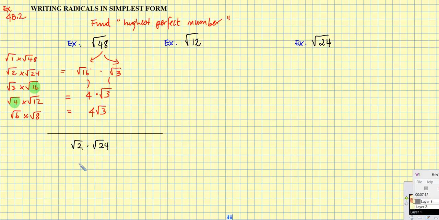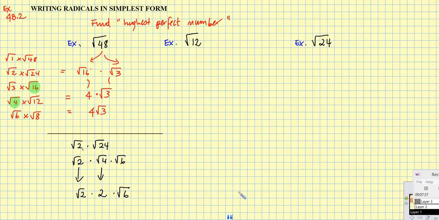Well, the square root of 2 is already broken down to its simplest form, so I'm going to leave it as root 2. And I'm going to take root 24 and break it down into root 4 times root 6. Now, the square root of 2 is root 2, and the square root of 4, well, that really is 2. And the square root of 6 stays as the root of 6.